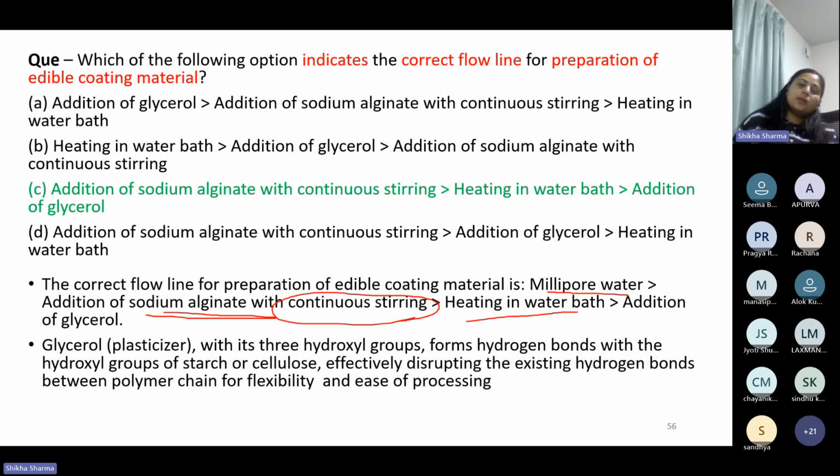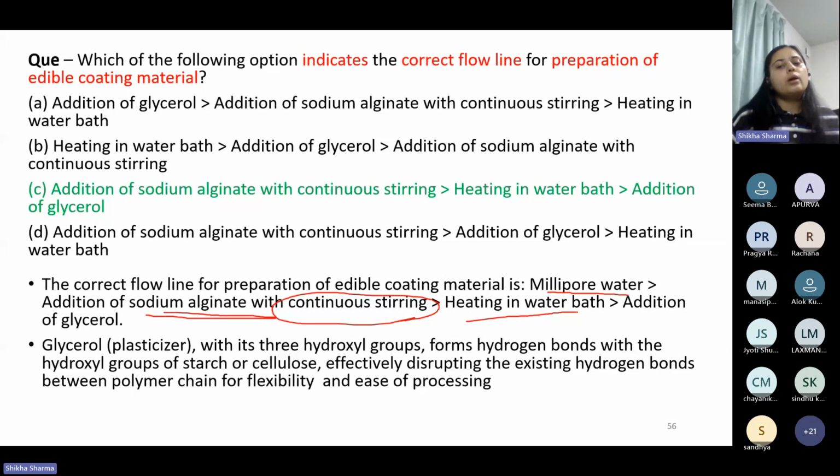But in sodium alginate or other water soluble biopolymers, there can be formation of hydrogen bonds with the water, and the rate of hydration will increase as we increase the heating.